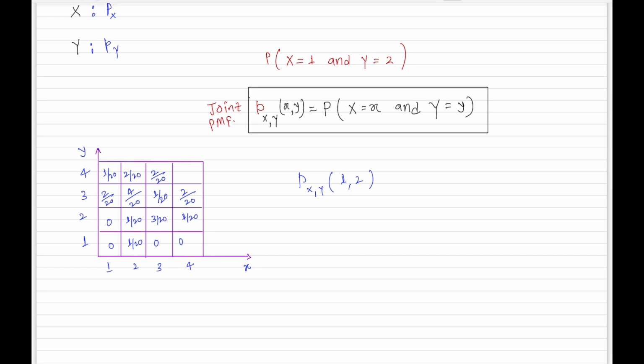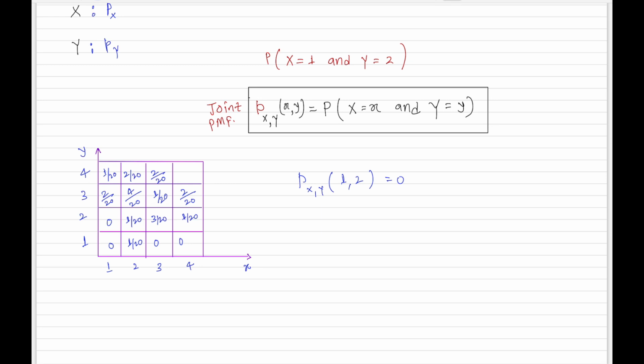So we can easily look at this table and say, when random variable X takes the value 1 and simultaneously random variable Y takes the value 2, the probability is 0, right?